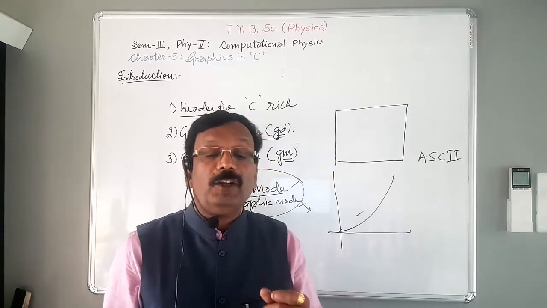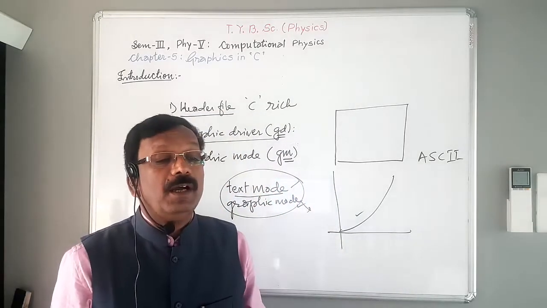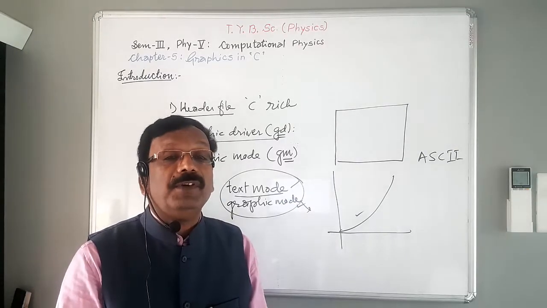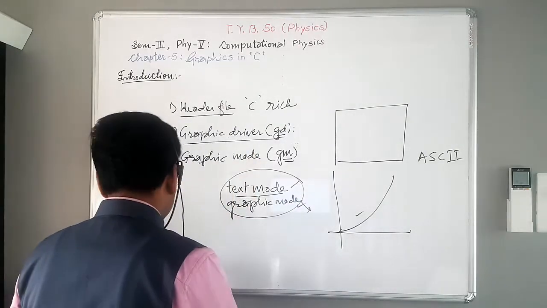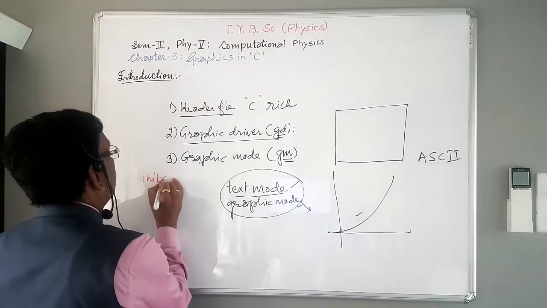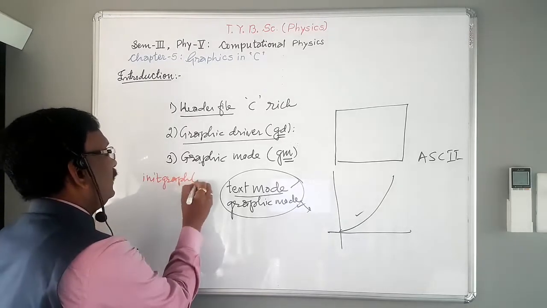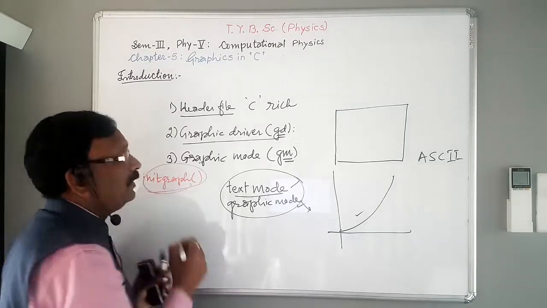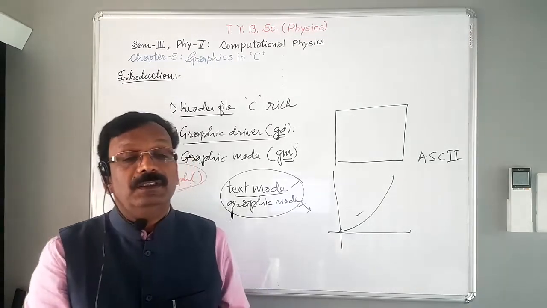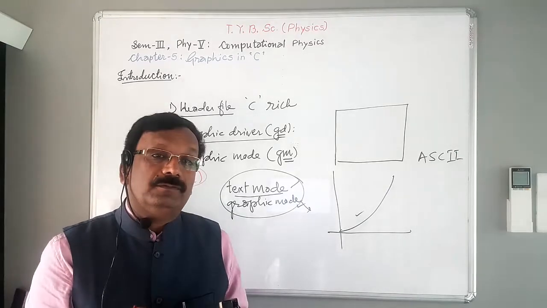Automatic selection of the mode can be done by a standard function, and that standard function is initgraph. With the help of this standard function, automatic selection of the mode can be done.